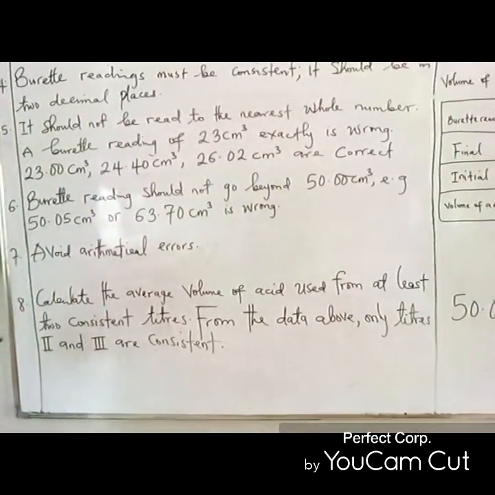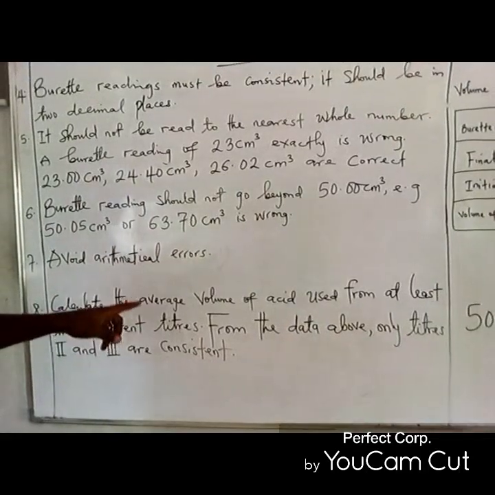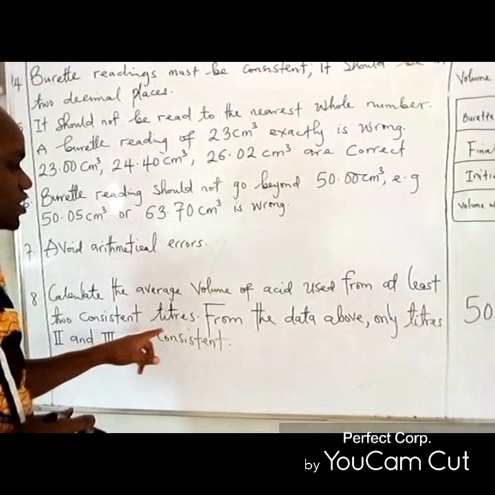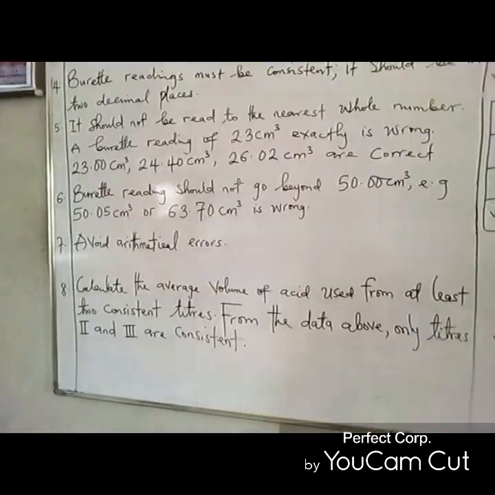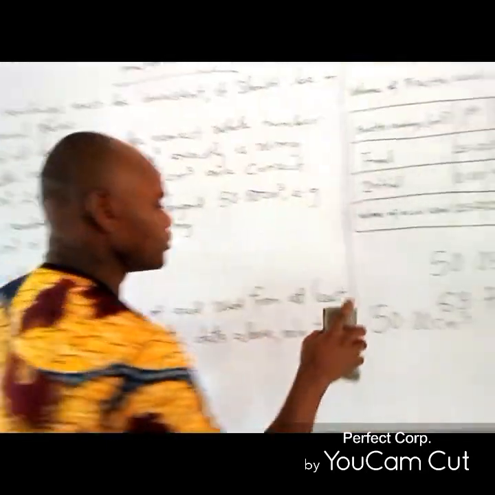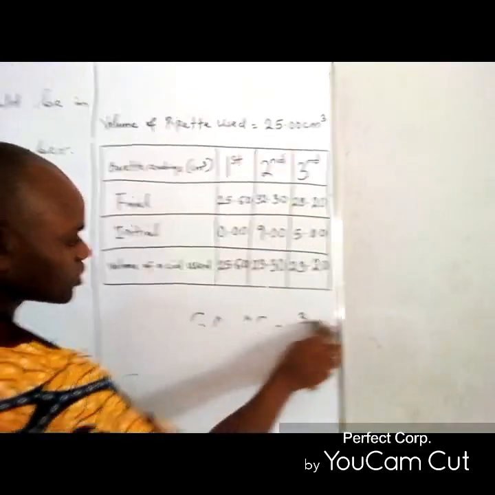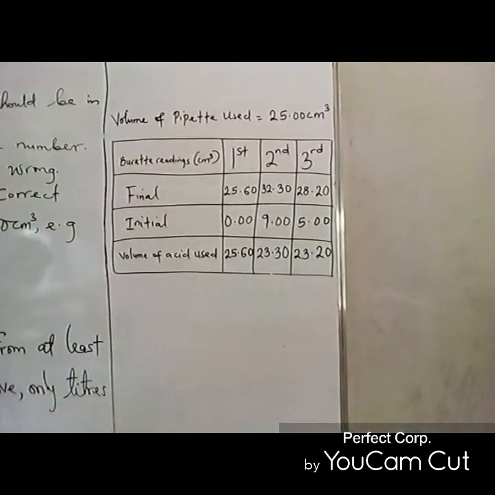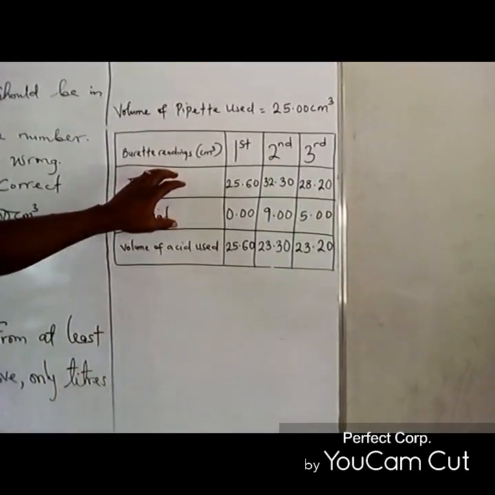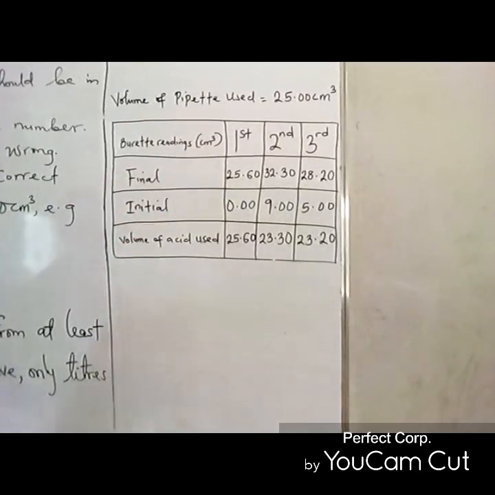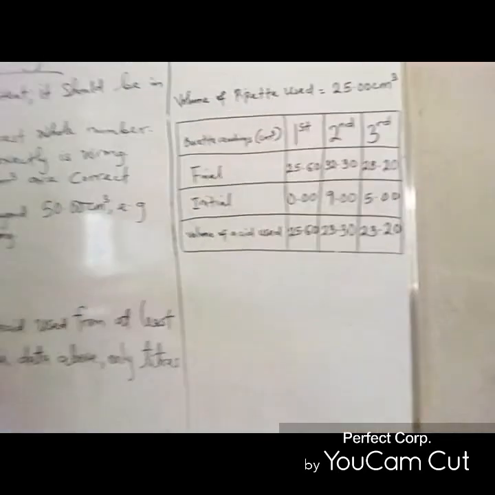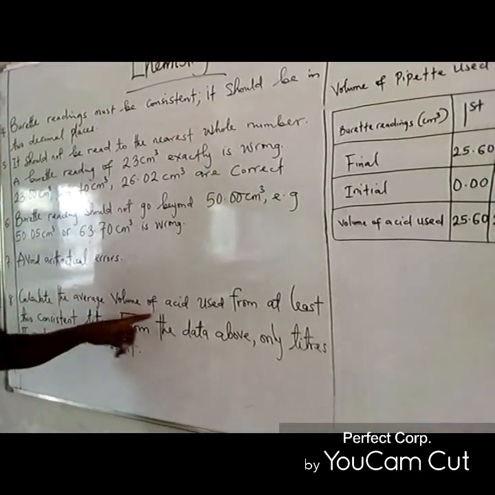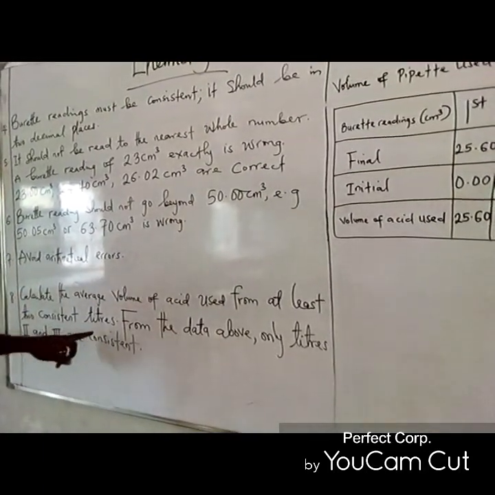Then lastly, calculate the average volume of acid used from at least 2 consistent titers. I explained this previously in the previous video, those first 3 precautions I gave you. Now I want to assume we are using this table. What precaution number 8 is saying is, calculate the average volume of acid used from at least 2 consistent titers.